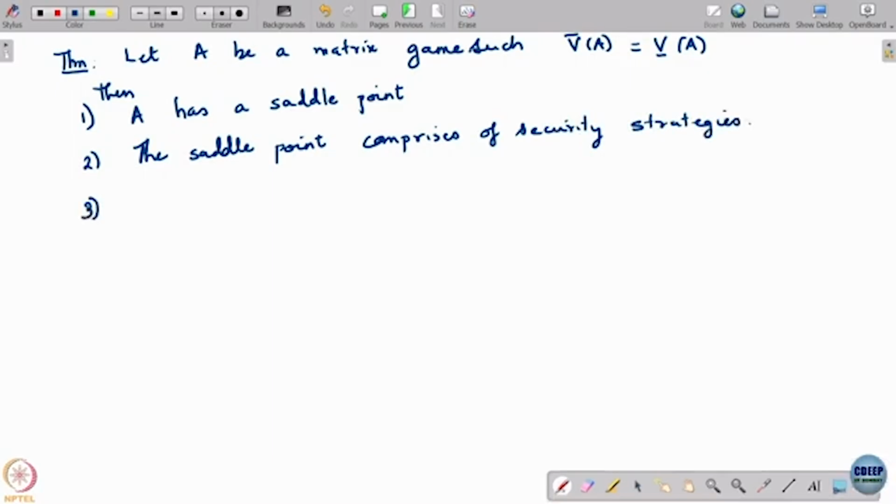You can write out another part of this, that any pair of security strategies is a saddle point.